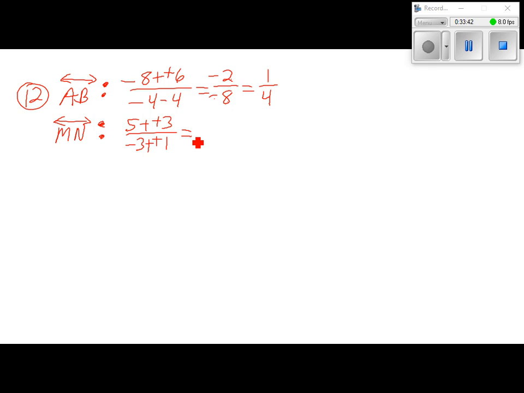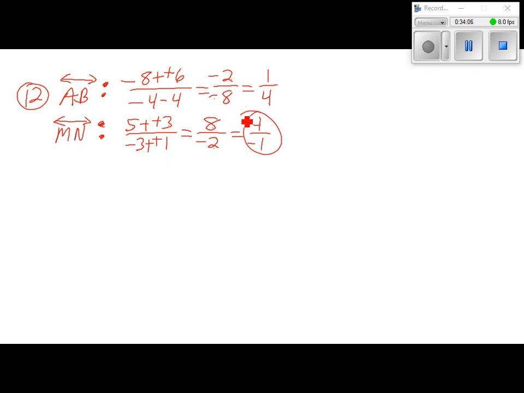Sorry, this is supposed to be a negative. We got 5 plus 3 is 8. Negative 3 plus 1 is negative 2. Reduce that down. 2 will go into 8 four times. 2 will go into negative 2 negative 1 times.